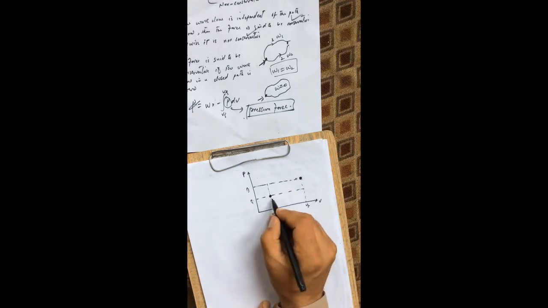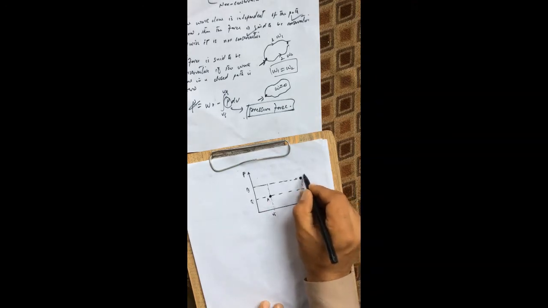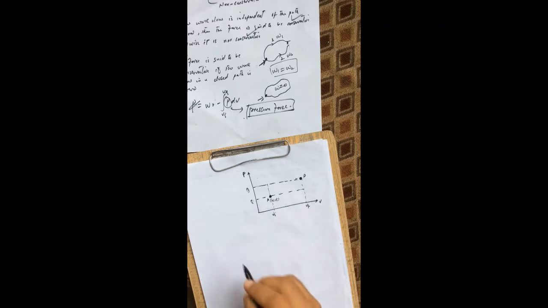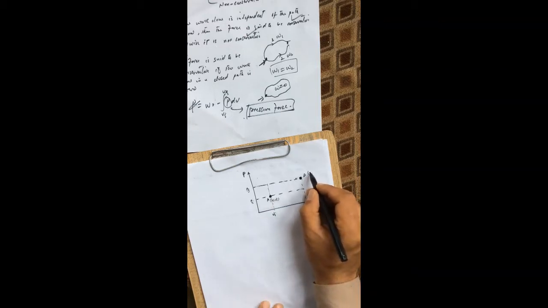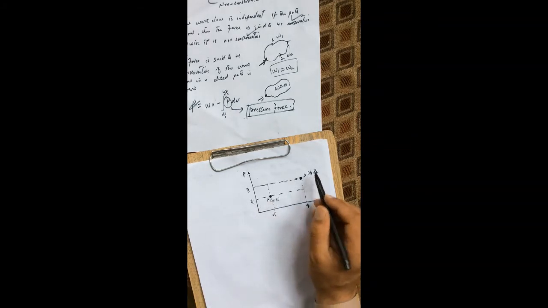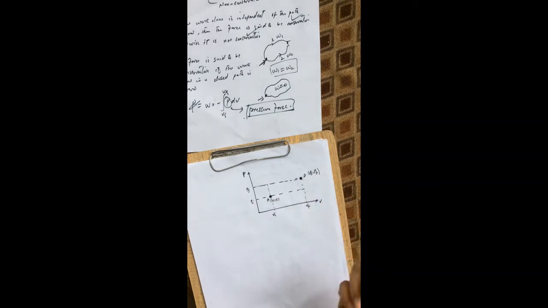I call this point A and this point D. So at point A the initial conditions are Vi, Pi, and at point D the final conditions are Vf, Pf. In order to bring the system from A to D, we have different paths.